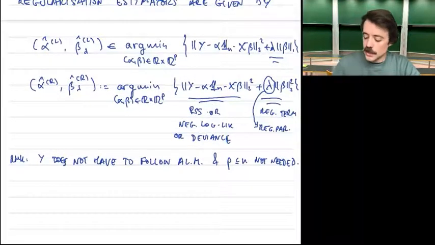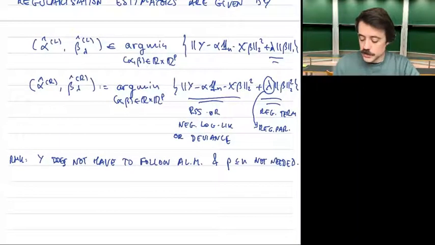You can find more detail in the notes, but for ridge, the solution always exists and is unique. This is why I defined this through equality. And there is a closed form solution as well, which is great, that you can find in the notes.